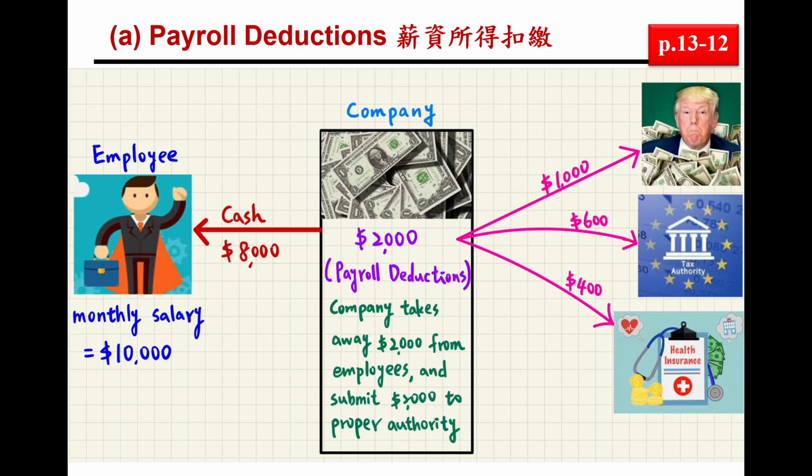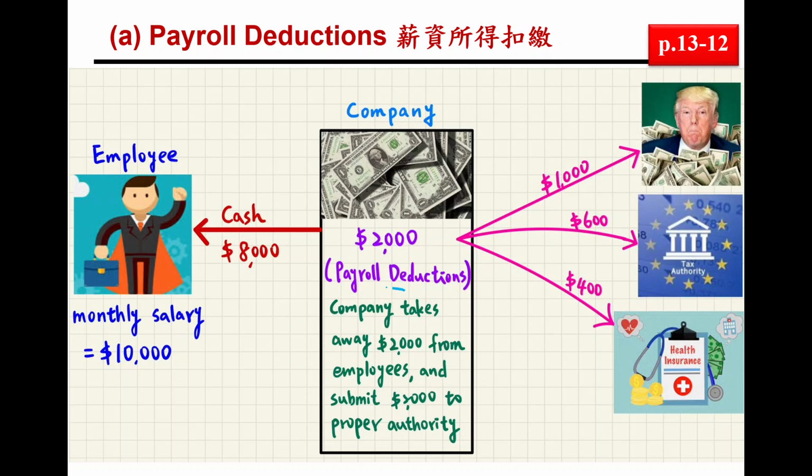Okay, so your company keeps the $2,000. Why? Because your company will pay the money for you to different organizations. That's why that $2,000 is not your company's.